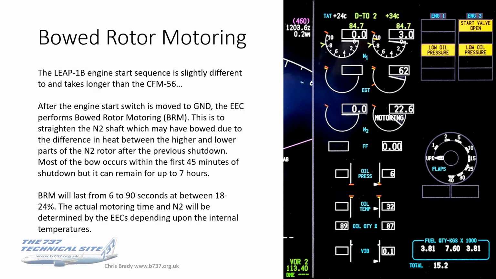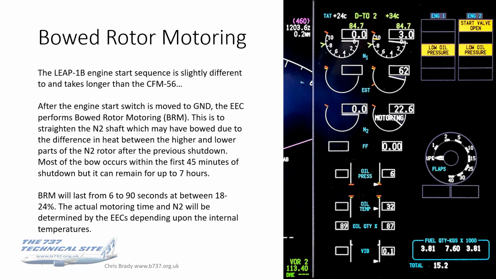Anyway, what happens in the engine after the engine start switch is moved up to ground? Notice I'm using the phrase start switch, not start lever. I'm trying to relearn that phrase as the start levers have changed in shape. That actually happened on the later NGs.